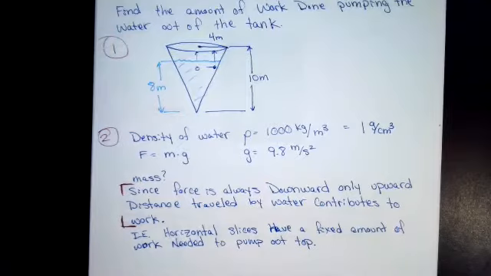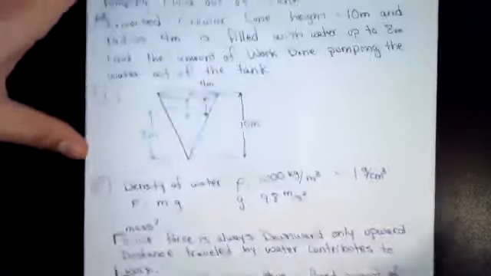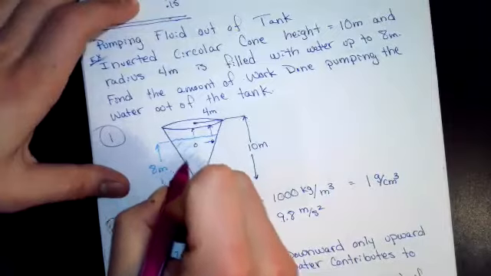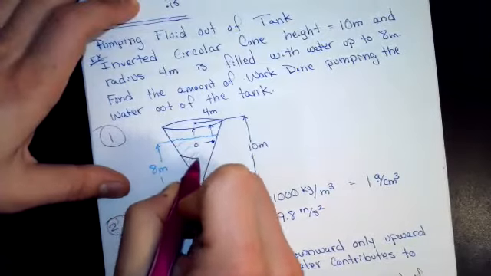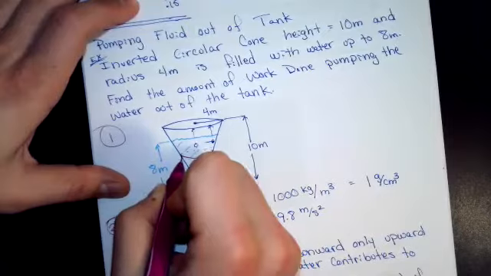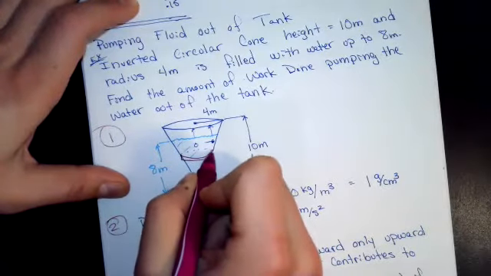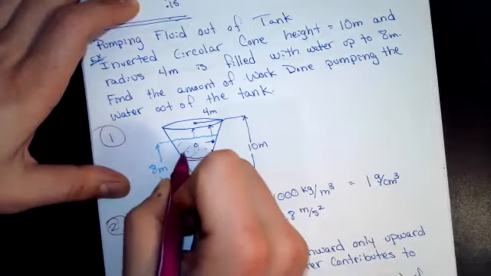Sorry for getting off there. I'm trying to go back and forth between what I'm writing and this picture up here. So that means what we're going to do is cut this guy up into horizontal discs, very similarly to what we were doing the past couple days.